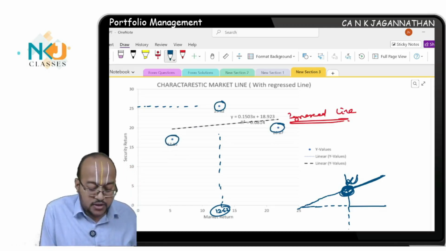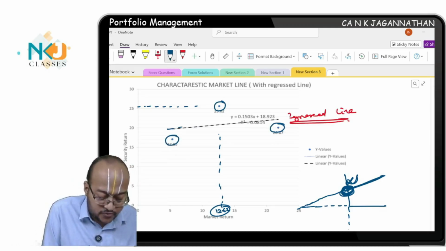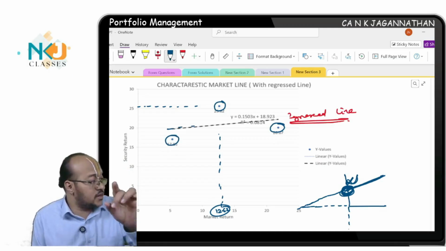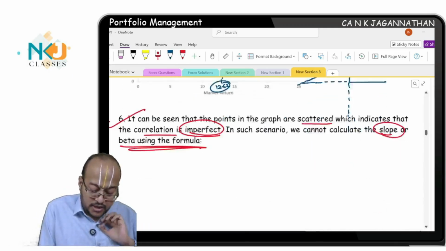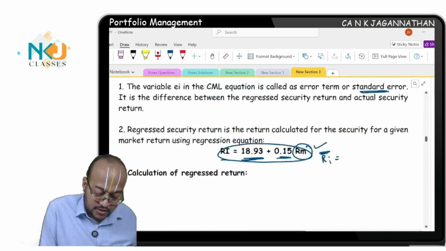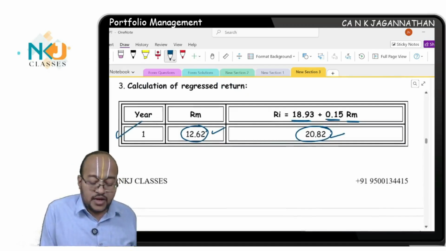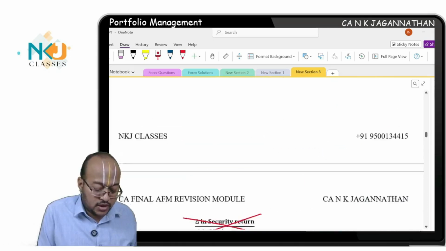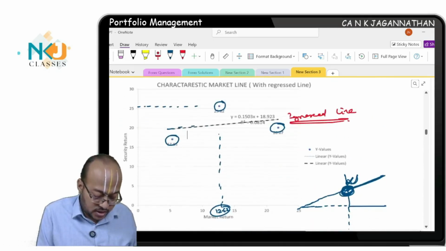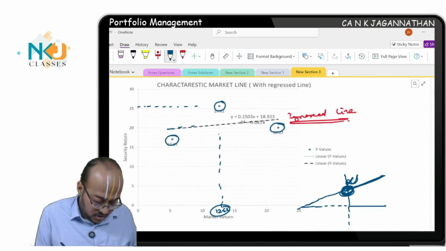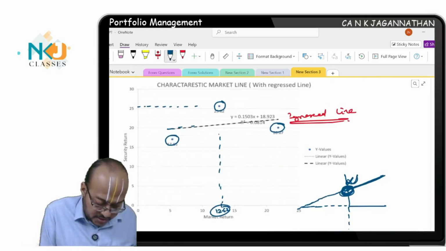Now, if you plot this, you will get this line of best fit, the regressed return. I'll just show you. You take one number: RM is 12.62, regressed return 20.82 of the security. If you notice, where is 20.82? You will get it somewhere around here. Agree?